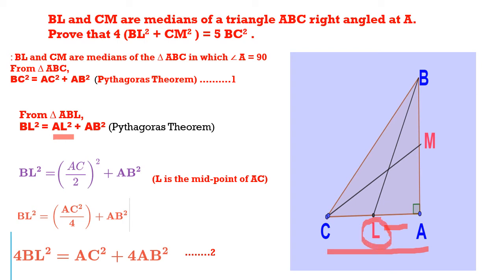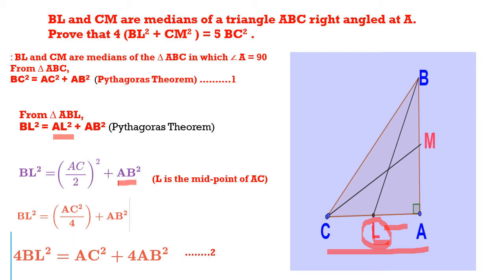A median divides the line into two equal parts. So AL will be replaced by AC upon 2 because it is half of AC. So remember that we are going to replace AL by AC upon 2. As it is squared, you put the bracket and square it.